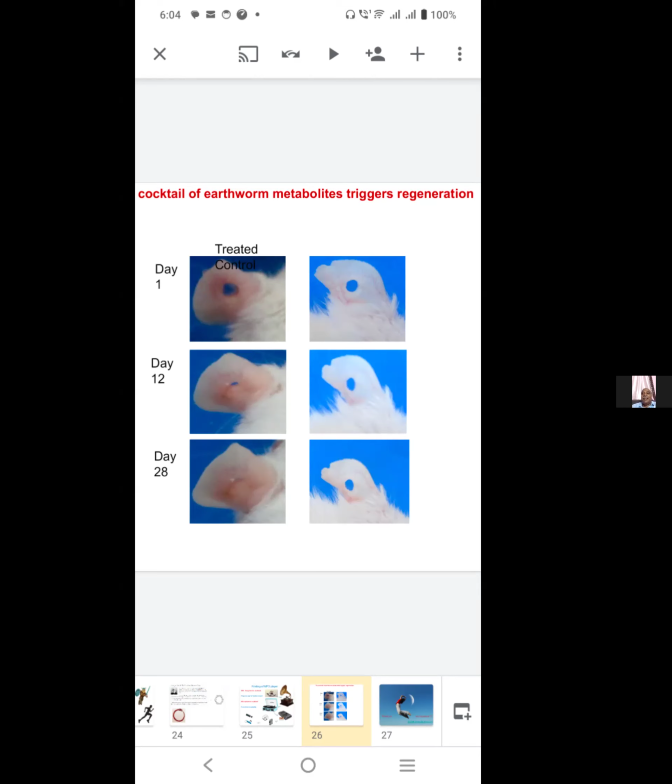Simply, I can explain it slightly. We cut the worm at the 10th segment, and after the third day, the worm starts formation of blastema. On the sixth day, we open the worm, and all the tissues around this regenerative area, we collect.